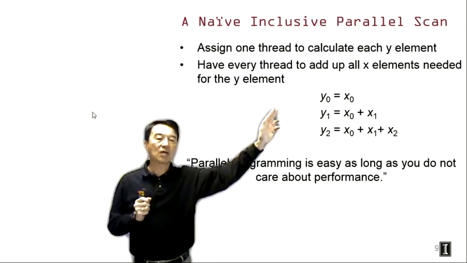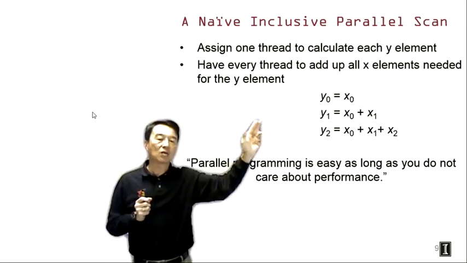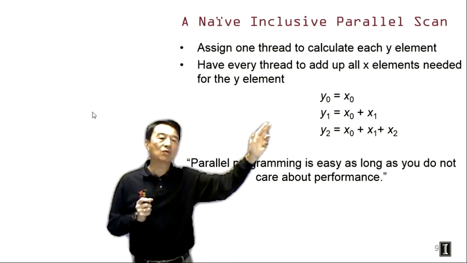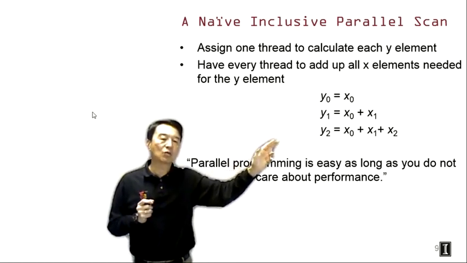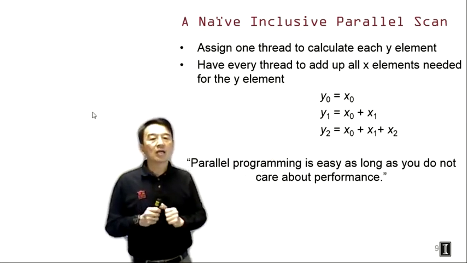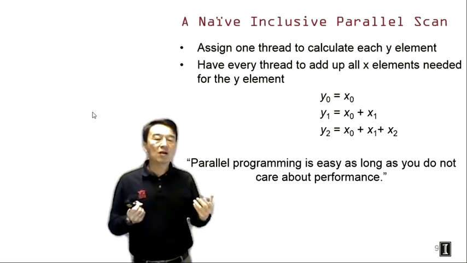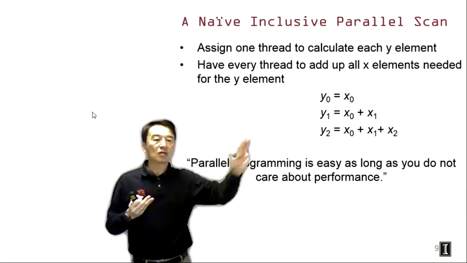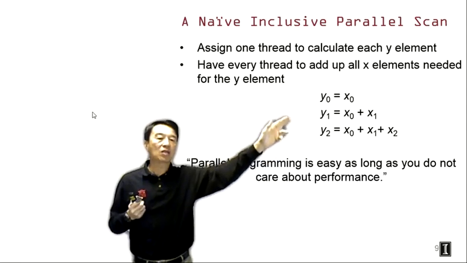Thread 0 would do y0 equal to x0. Thread 1 would do y1 equal to x0 plus x1. Thread 2 would do y2 equal to x0 plus x1 plus x2. And so this is very parallel. Every thread can do the computation independent of others.